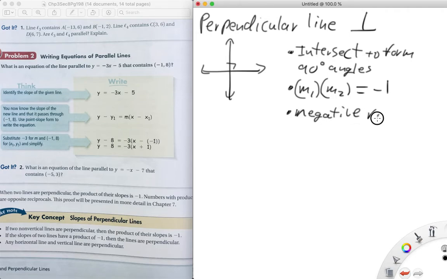So let's use, for example, negative 3. Its reciprocal is positive 1/3, such that when I multiply them, I get negative 1. So these two slopes would be considered perpendicular slopes.